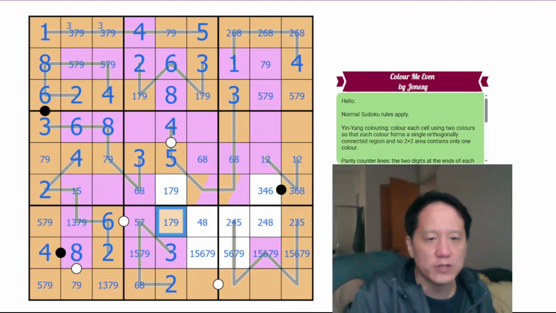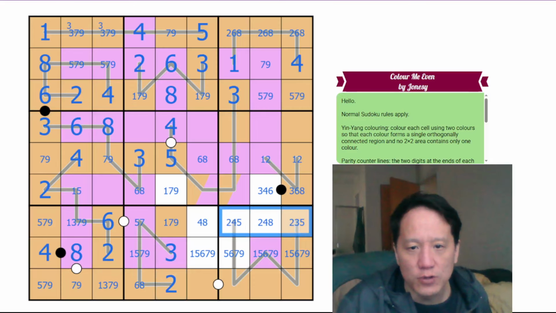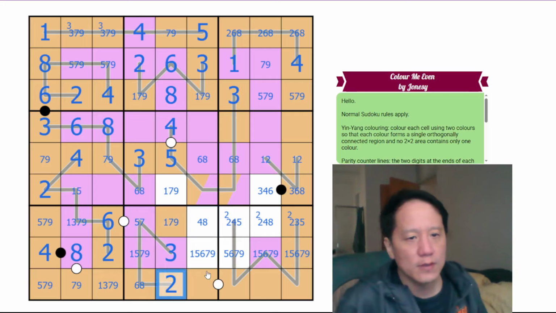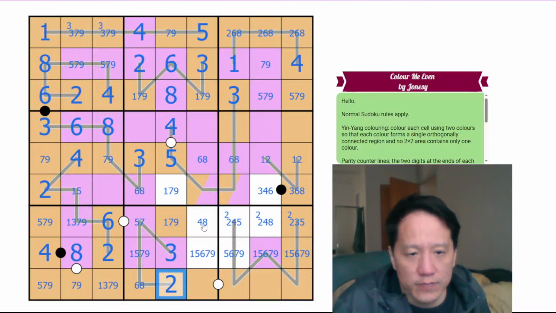This can't be 2 because of 2 in the box. So we're guaranteed 2 has to be one of these 3 cells. Because you can't have a 2 here because of 2 in the box. You can't have a 2 here because of 2 in the box. Interesting.